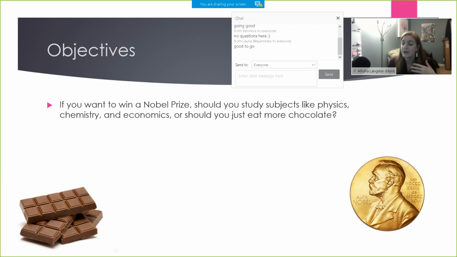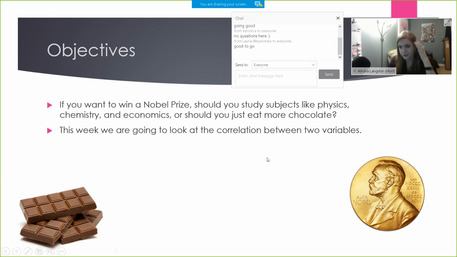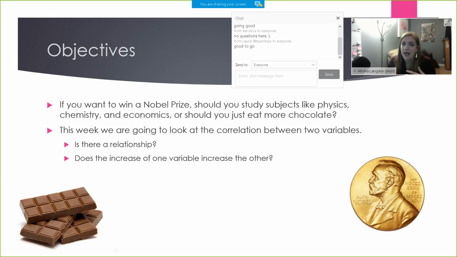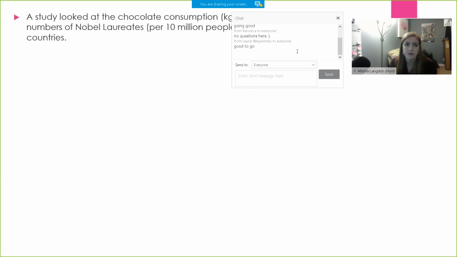But what they did is they wanted to study these two subjects. So they made basically two sets of data and then they're comparing the two. So is there a relationship? And does the increase in one variable increase or decrease the other variable? Is there a relationship there? That's really what we're looking for.